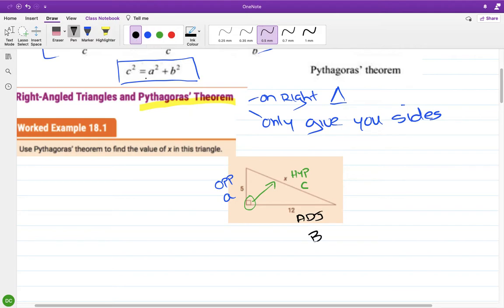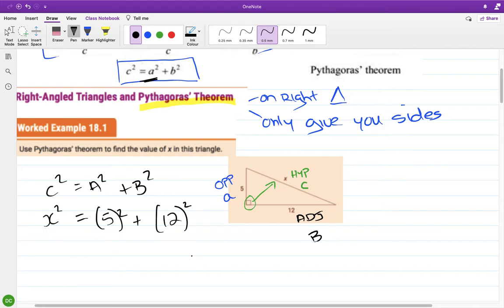So Pythagoras' theorem, you can see it just here, is C squared equals A squared plus B squared. C is x, so we make it x squared. A is 5, so we make that 5 squared, and B is 12, so we make that 12 squared. Then x squared equals 5 squared, which is 25, plus 144.